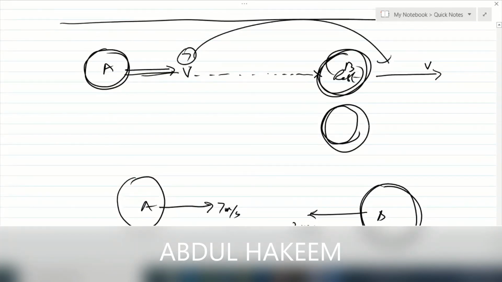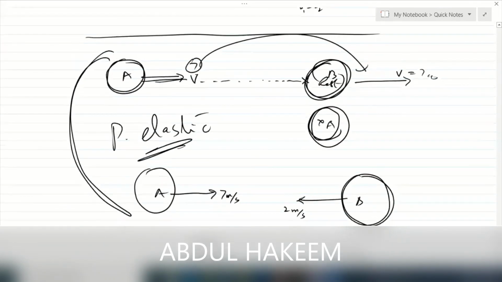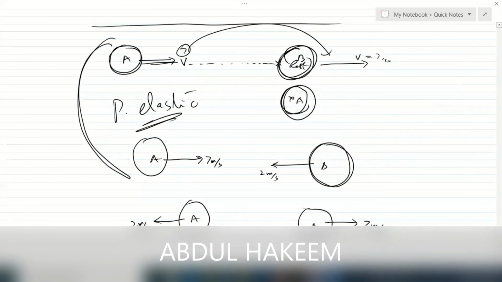It is stationary. Then the stationary will start moving with 7 and the A becomes stationary. And this is only possible when the collision is perfectly elastic. These are the observations for the perfectly elastic collision. Stationary starts motion and the moving becomes stationary. If they are moving towards each other, head-on collision, perfectly elastic, they will exchange their velocities.